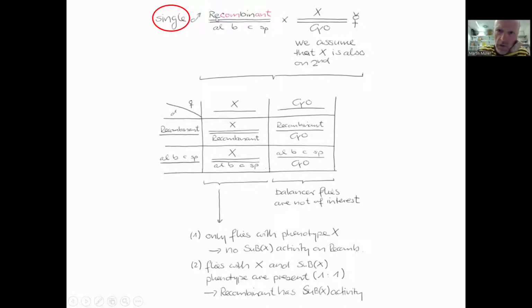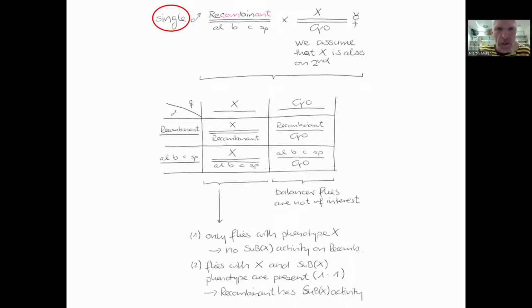We cross it with, and we take males here. Why do we take males? Anybody can tell me? Males do not have meiotic recombination.